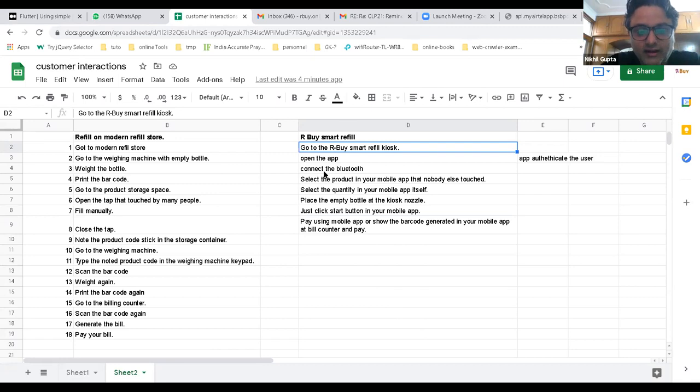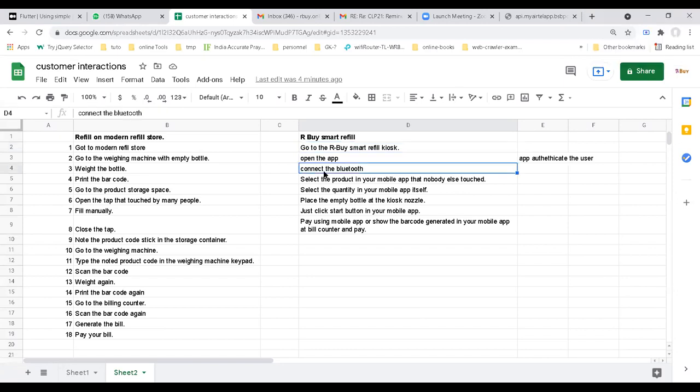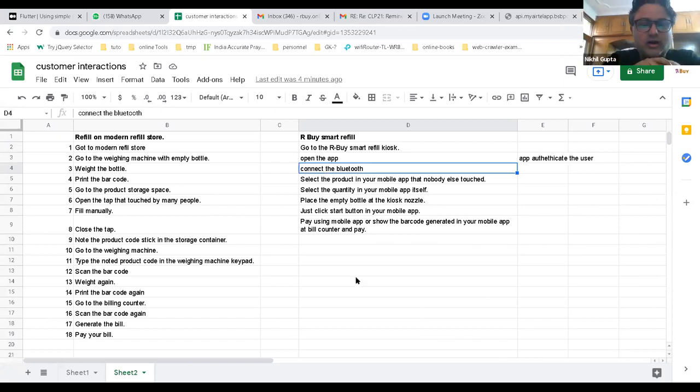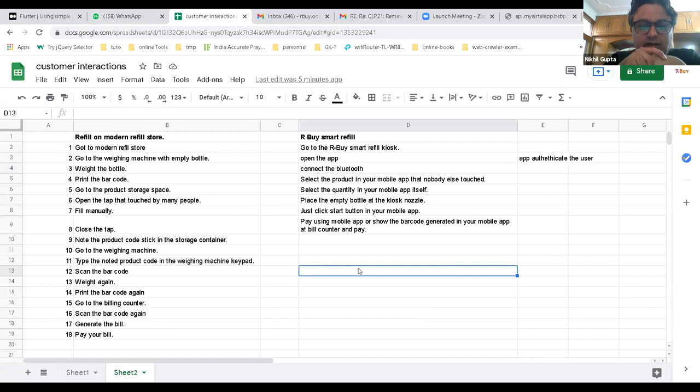Okay, so do that, and then you have to divide them into subsystems in a customer journey. So you divide it into subsystems, like you're talking about Smart Refill. Payment is one subsystem, and then search and discovery of your product is a different subsystem.